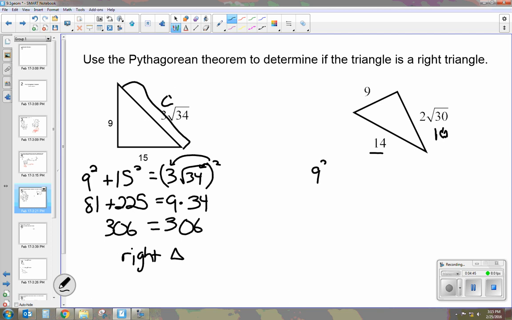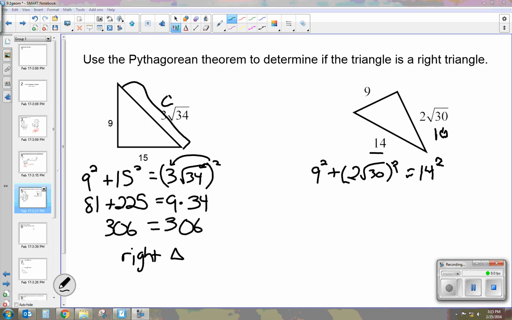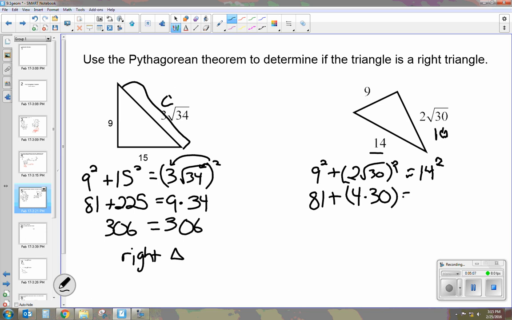So we'll do 9 squared plus 2 times the square root of 30 squared equals 14 squared. 9 squared is 81. 2 times the square root of 30 squared is 4 times 30 equals 196. 4 times 30 is 120, plus 81 is 201, equals 196. 201 does not equal 196, so this is not a right triangle.